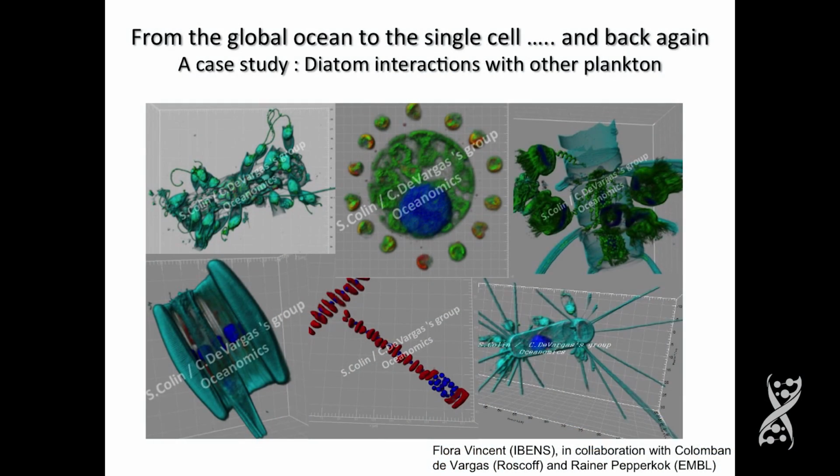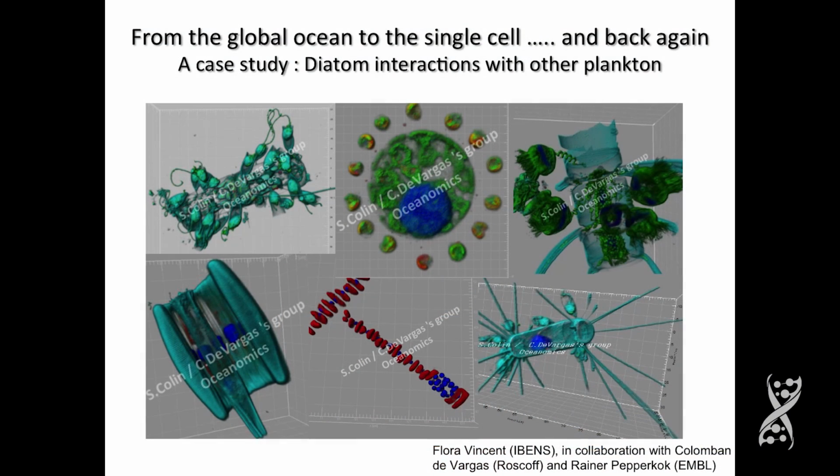We're trying to go from single cell up to global processes and back again, using as a basis some of the information we're getting from the microscopic analyses, where in many cases from this microscopic confocal imaging data we pull out, we reveal a lot of associations between organisms.